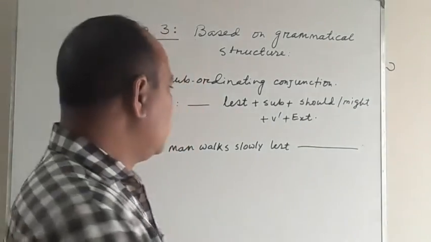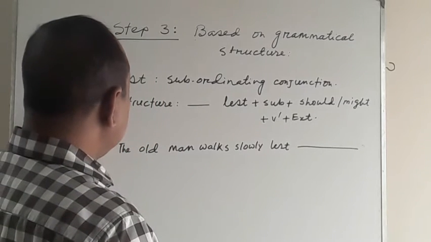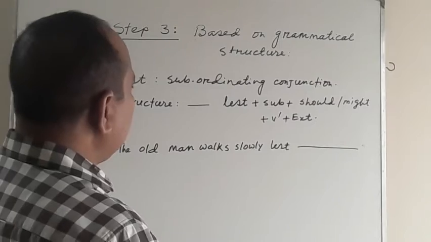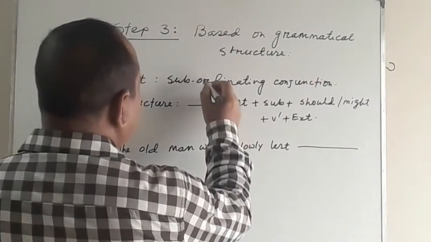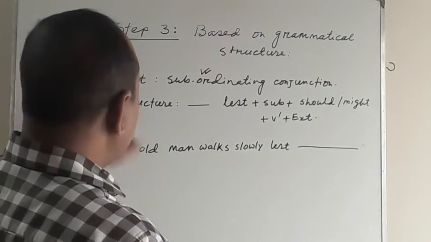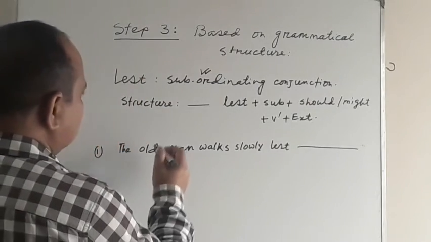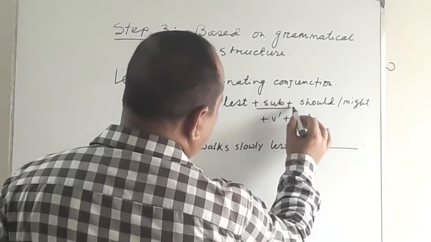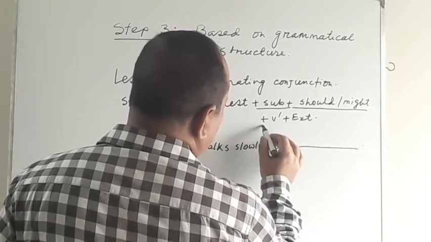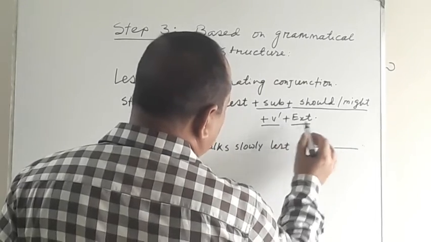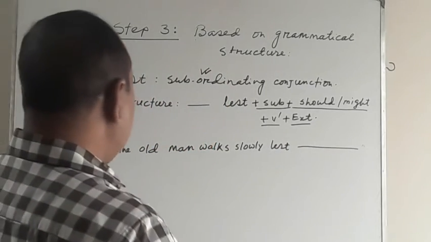My dear students, look at incomplete sentences using lest. If you find lest as a subordinating conjunction in any sentence, what would be the next part to complete the sentence? So look at the example. This is the structure. After lest, you have to use a subject, then should or might, then after should or might, we have to use the base form of the verb, then extension. So look at this.